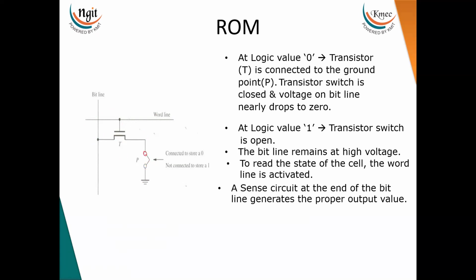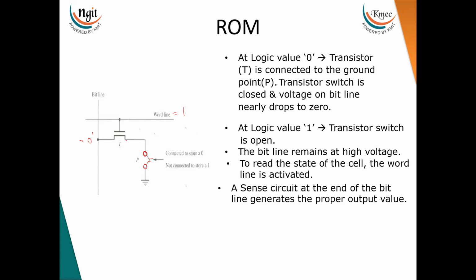If this transistor is connected to the ground, what happens? Whenever the word line is equal to 1, then on the bit line 0 will appear. The transistor acts like a closed switch, connected to the ground, so 0 will appear. Now if this connection is not there, P is not connected to the ground, it is open.